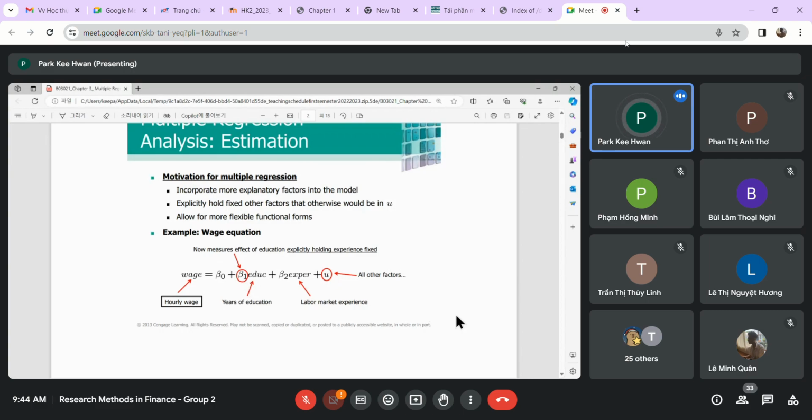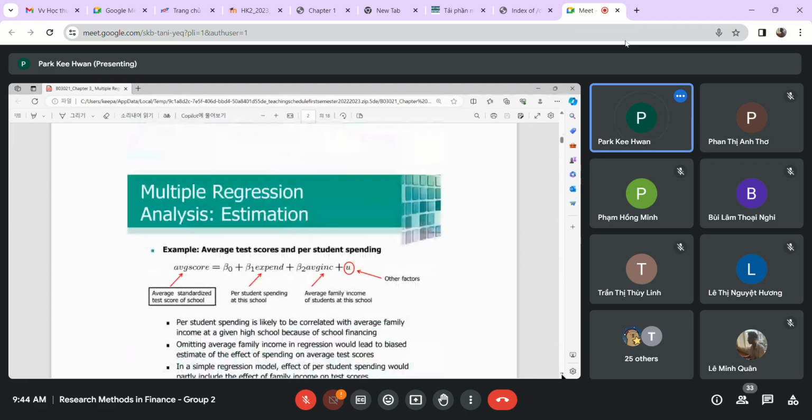So that's the good thing about multiple regression. When you run the multiple regression and estimate the slope parameter, that measures the effect of only education, holding the other factor constant.